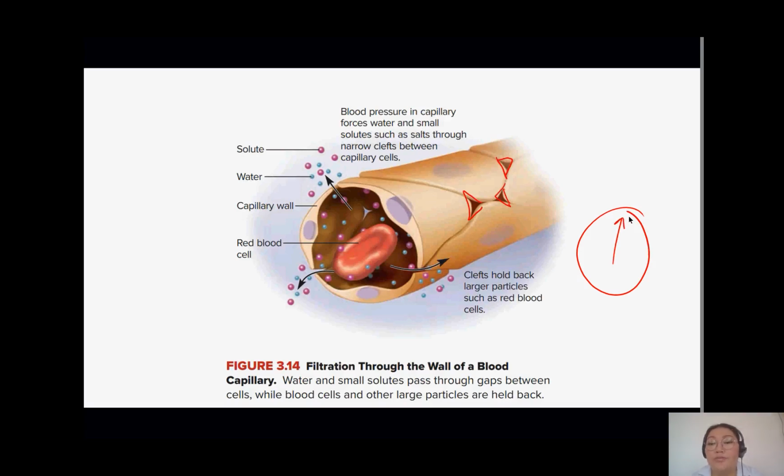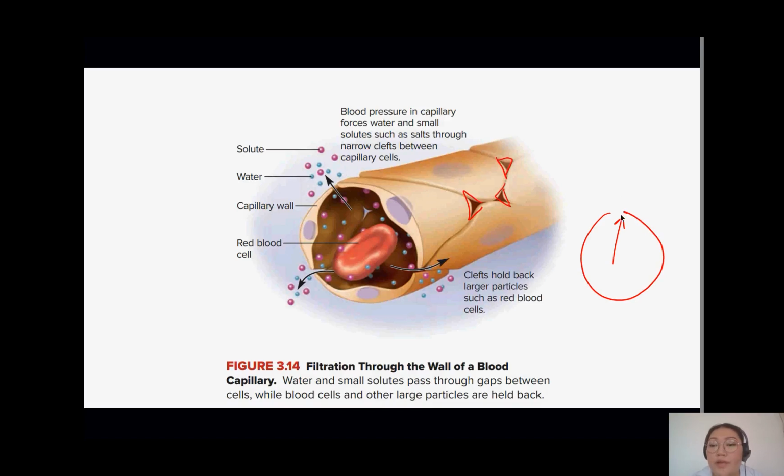The hydrostatic pressure, in this particular case, is the pressure of the blood. The blood pressure compresses the fluid and moves it toward the wall of the capillaries.